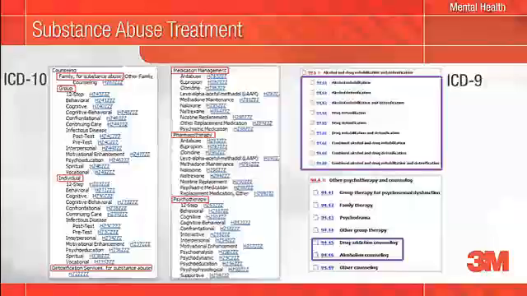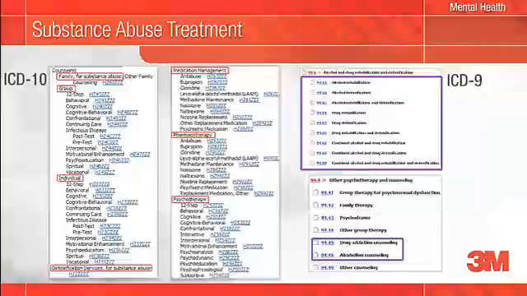The last group of codes identify the use of replacement medication for the treatment of addiction, as well as the monitoring and adjustments of those medications over time. It will be important for you to document the type or types of counseling provided. For example, 12-step or confrontational. The options for the types of therapy can be seen on screen.